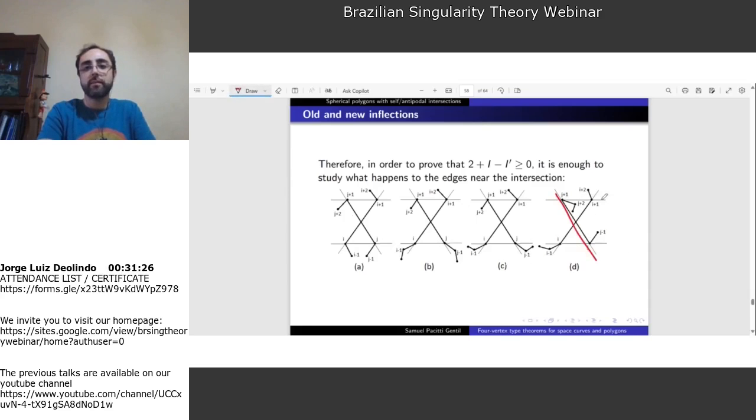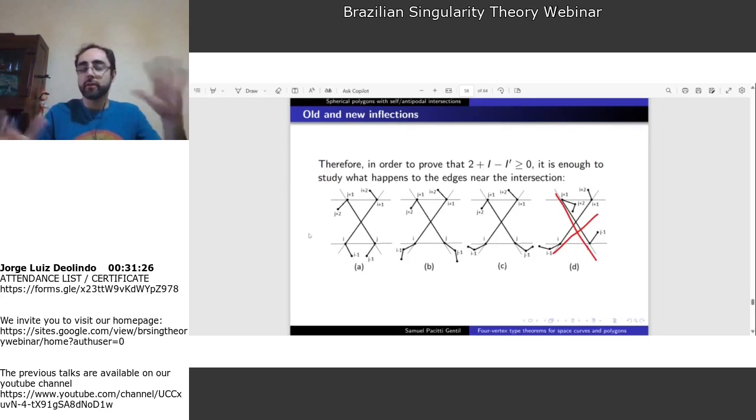This shall not happen because if this happens, then our new polygon would have a self-intersection. And as I showed before, this procedure can be done such that the new polygon does not have self-intersection. So you only get situations such as these three here.